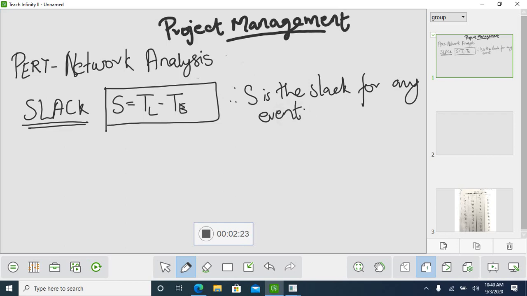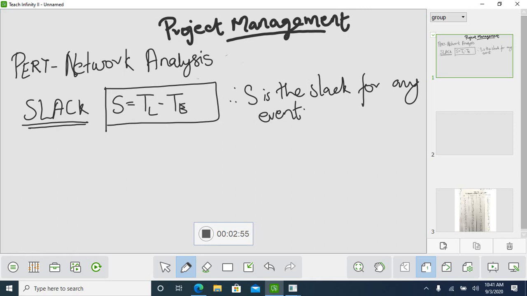Slack indicates the difference between the latest allowable time and the earliest expected time, that is S equal to capital TL minus capital TE. Slack may be positive, zero or negative, depending upon the relationship between TL and TE.